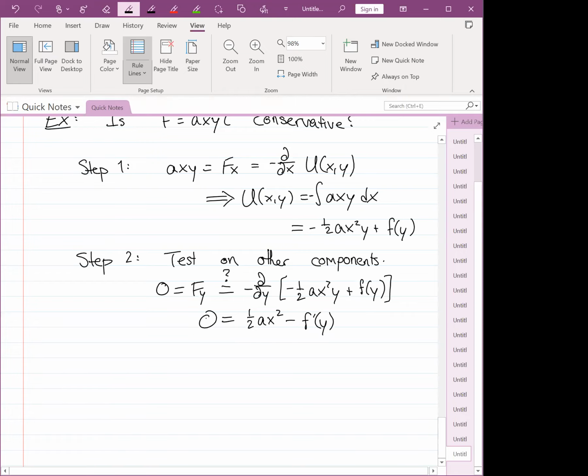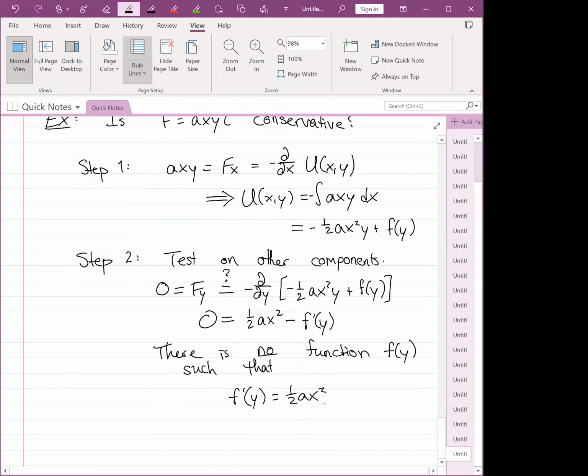But now look at this equation. We have a function that depends on Y that has to always be equal to something that depends only on X. So there is no function F of Y that will make this equation always true. There is no function such that its derivative gives you something that depends on X, such that F prime of Y equals 1/2 AX squared.